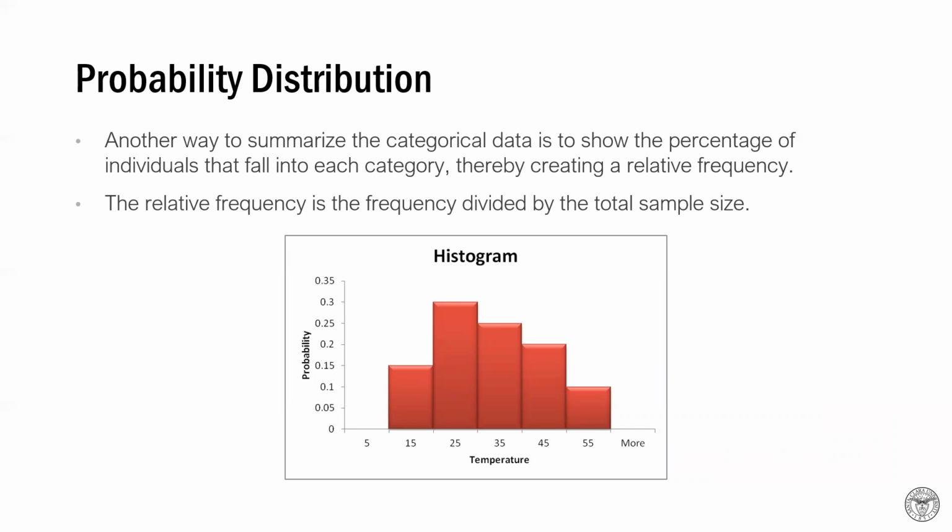We may thus tell the percentage information based on a given histogram like this. For example, based on this histogram, we know that the percentage of the temperature equal to 15, or the bin between 10 and 20, is about 15%, as you can see here.